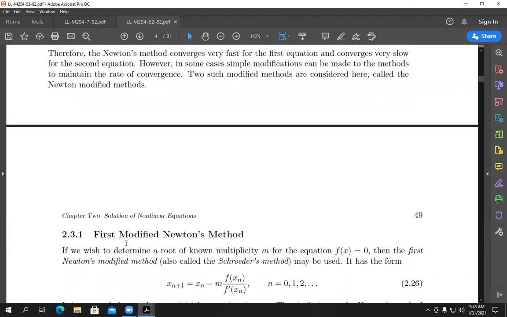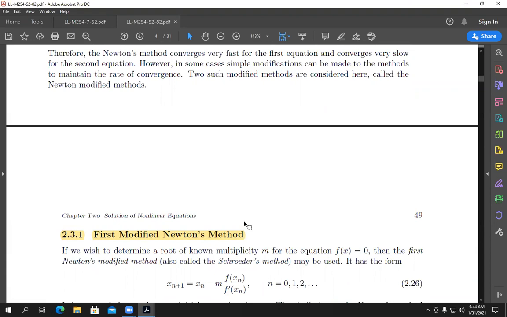Let's talk about the method for the multiple root. The method we have for the multiple root is called modified Newton method. I give you modified Newton method in 2 different shapes.